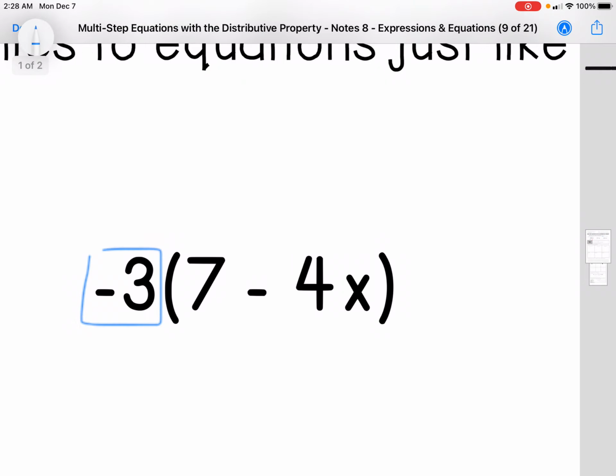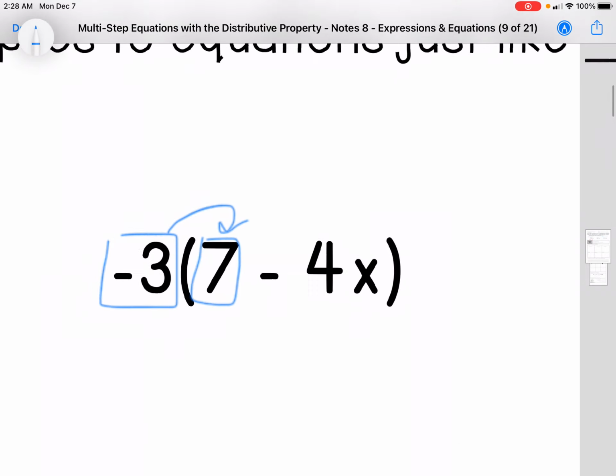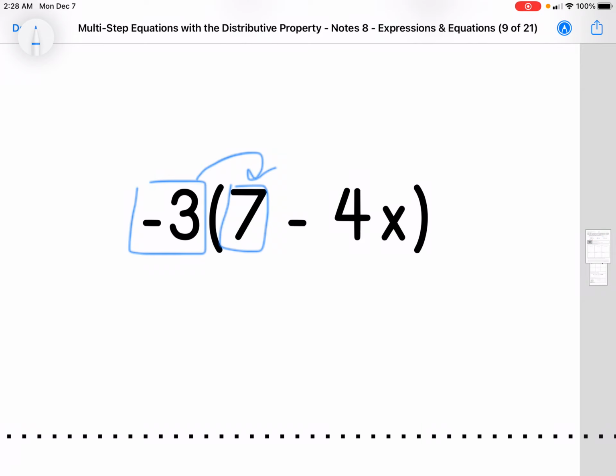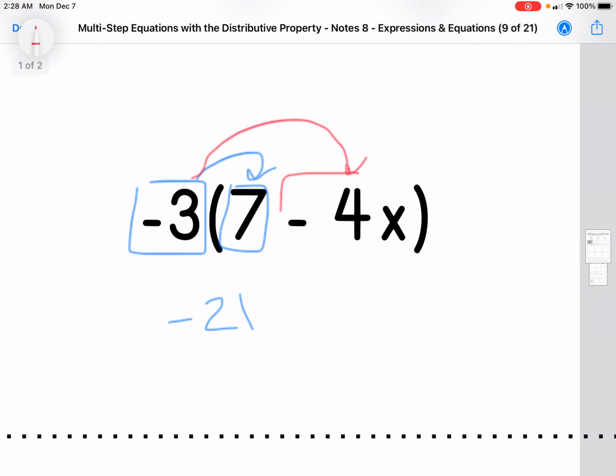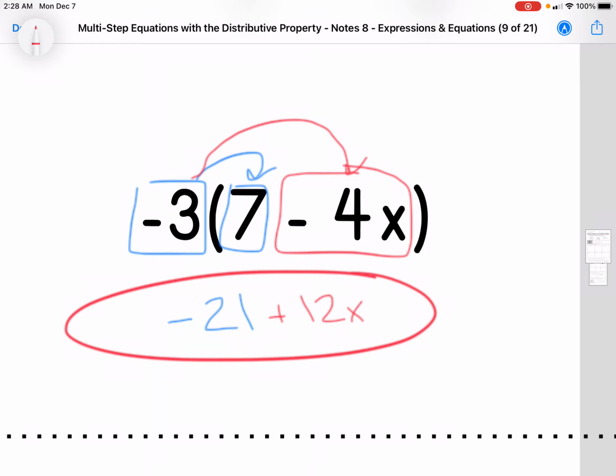This number, which is negative 3, times this number, which is positive 7. So negative 3 times 7 is negative 21. Negative 3 times negative 4x is positive 12x. That is your answer. Okay.